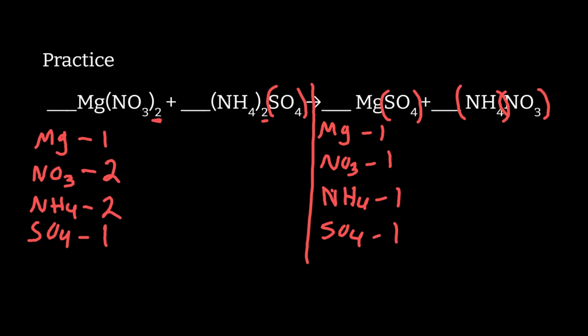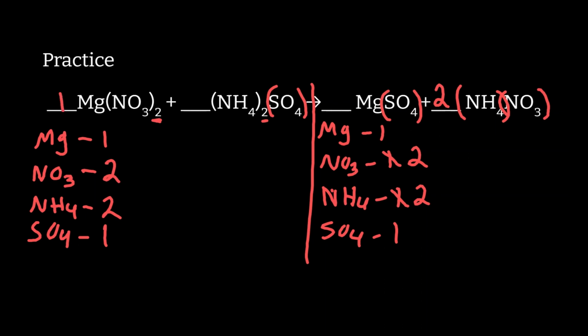We each need to have 2 units for these, so we can place a coefficient of 2 out front of our NH4NO3, and this is going to multiply the NO3 unit by 2 and also multiply the NH4 unit by 2 as well in order to make everything match.